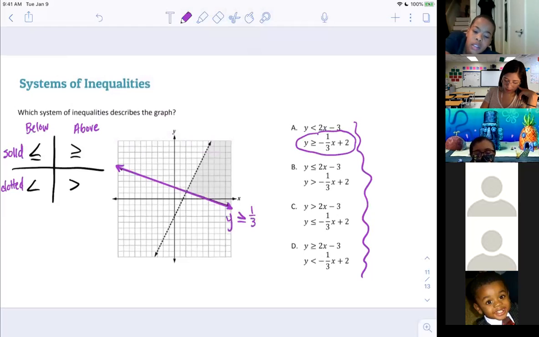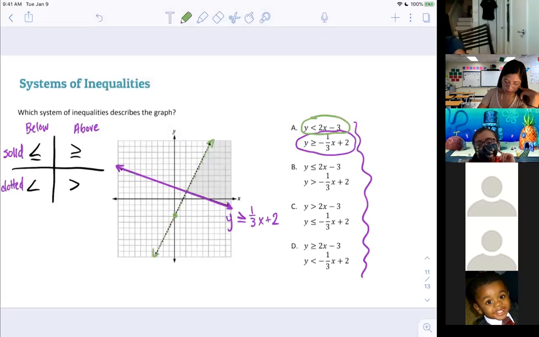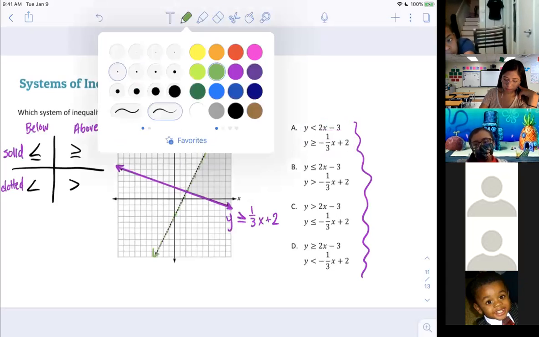They all have +2, but the other equations have the wrong symbol. And then this equation, just to double check, does it match this line? Yes, because the y-intercept is -3, which matches this -3 over here. Okay, so that means that A is correct. Yay.